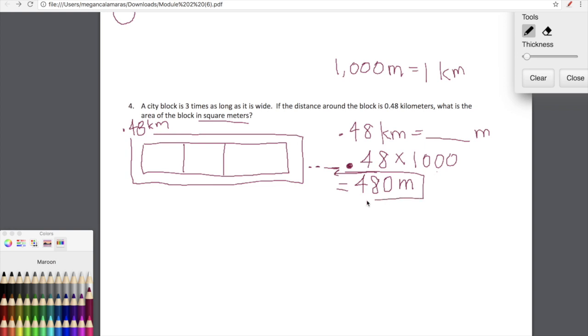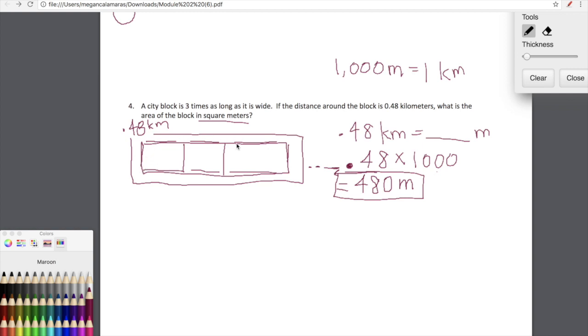Now we have to apply this to the rest of the problem. Let's count the units that we have in this city block. 1, 2, 3, 4, 5, 6, 7, 8.